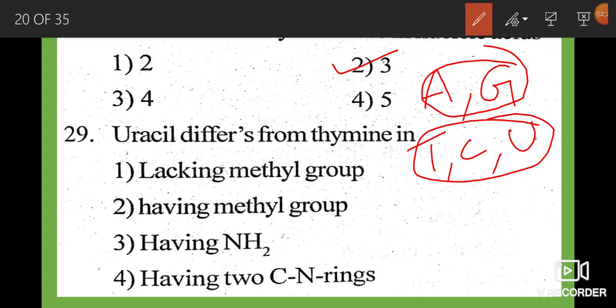Question number 29. Uracil differs from thymine in, the right option is 1, lacking a methyl group. Uracil differs from thymine in lacking a methyl group.